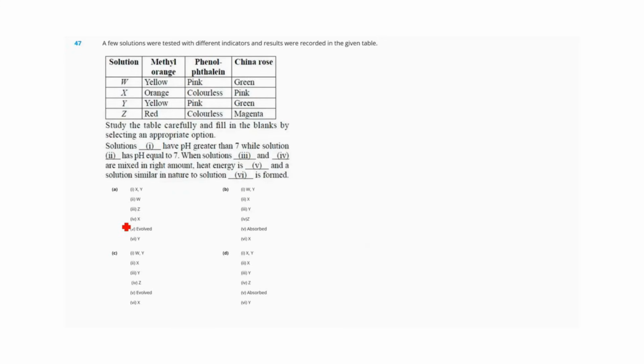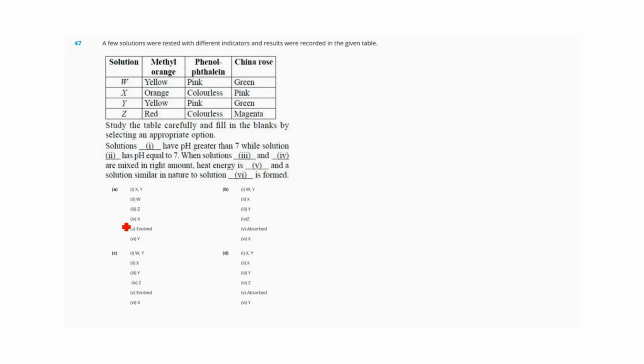Question 47. A few solutions were tested with different indicators and results were recorded in the given table. W: methyl orange yellow, phenolphthalein pink, China rose green. Study the table carefully and fill in the blanks by selecting an appropriate option. Solution 1 has pH greater than 7.